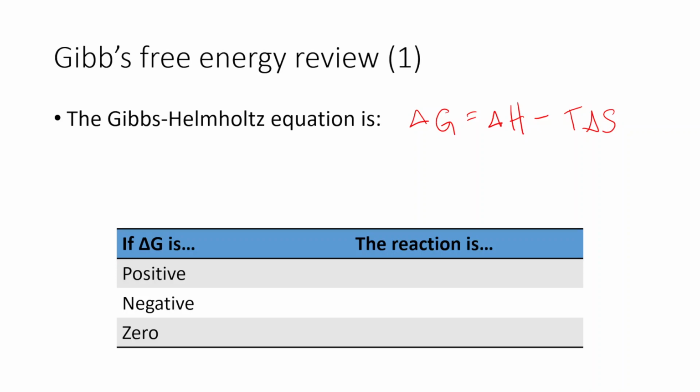So if delta G is positive, what does that tell you about the reaction? Is it spontaneous, non-spontaneous? Yes, non-spontaneous. If delta G is negative, what kind of reaction do we have?